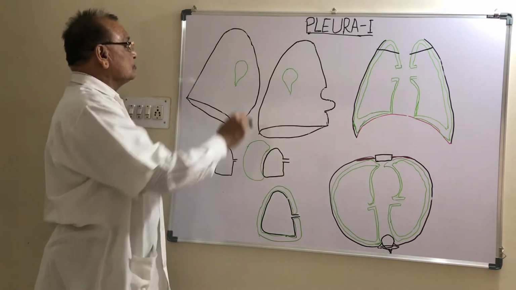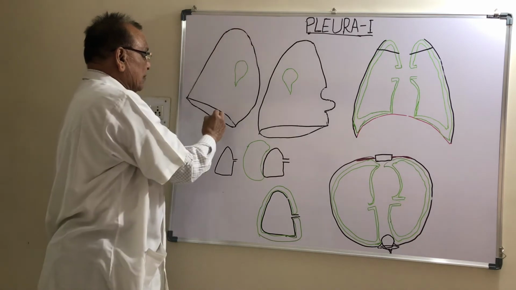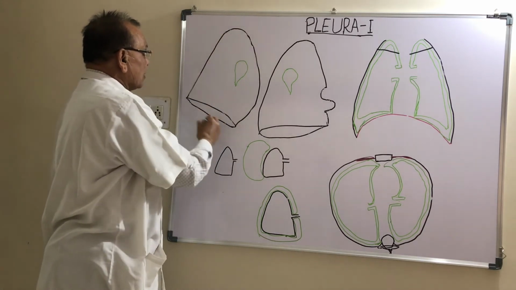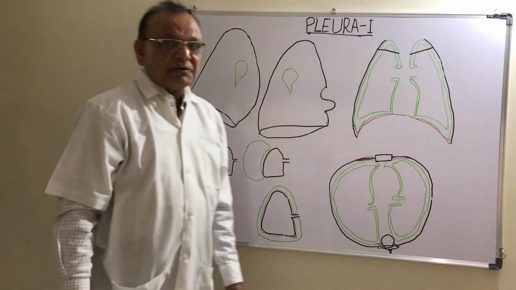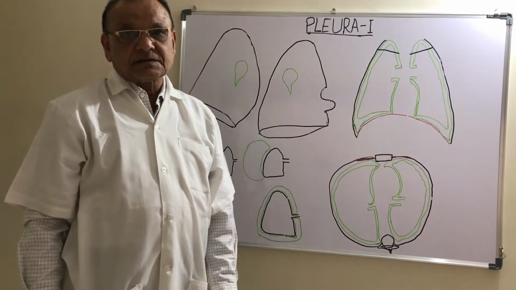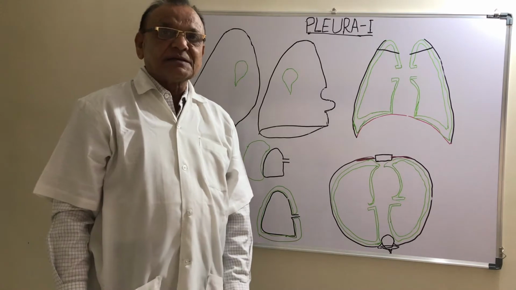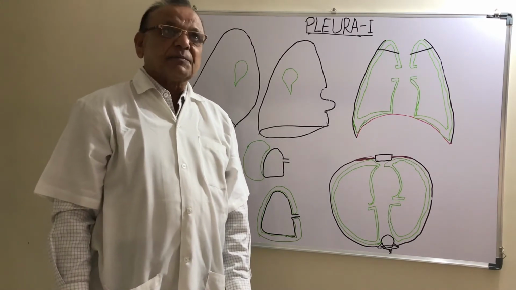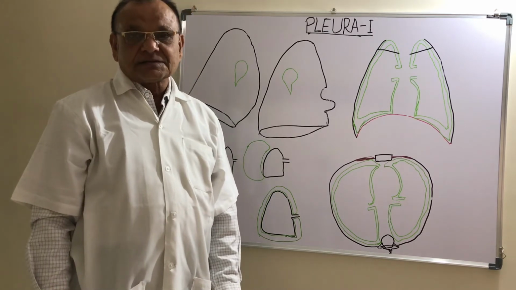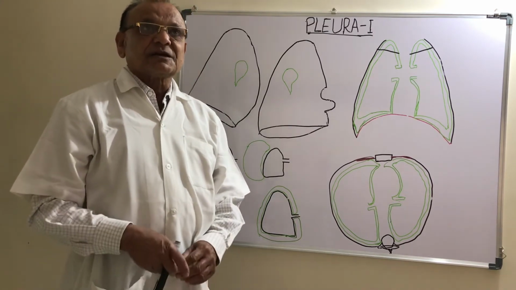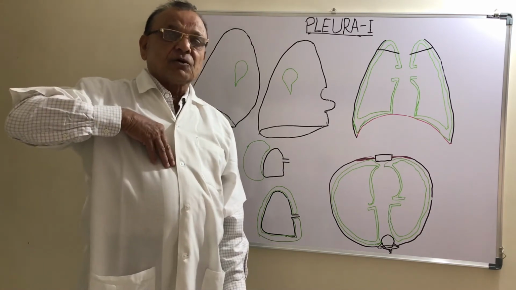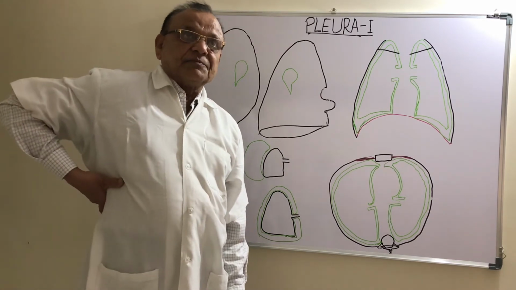In addition to the apex, base, anterior border, posterior border and inferior border, the lung has two surfaces: one medial surface and the other lateral surface. The lateral surface is also called the costal surface because it is convex and comes in relation with the sternum, costal cartilage and the rib.